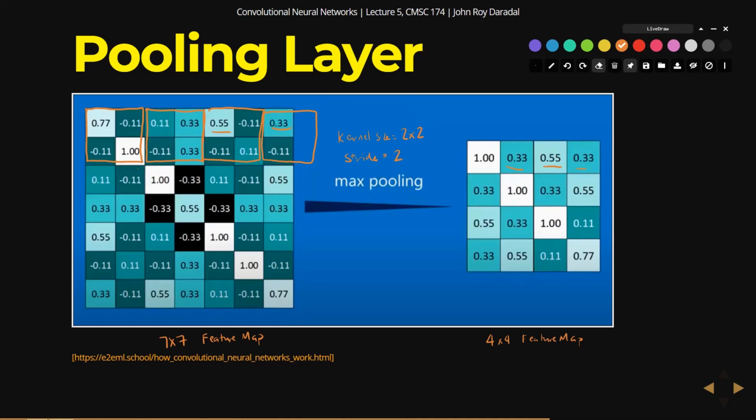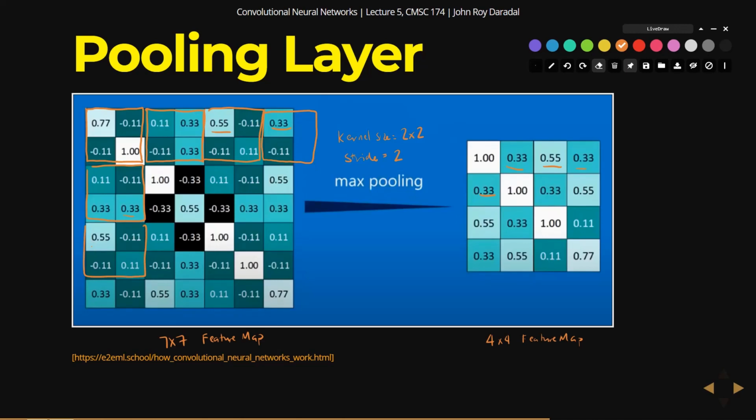Okay, and then since that's a stride of 2, it will go down 2 pixels, so max of 0.33 right here, and then you continue that along this column, and then go down right here.